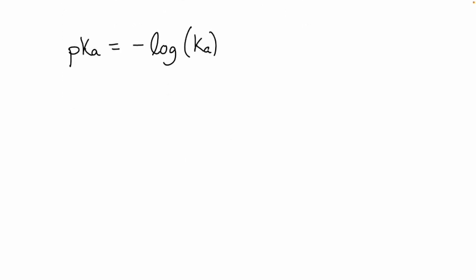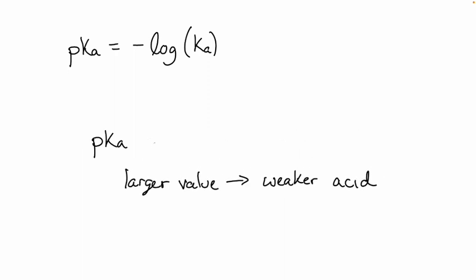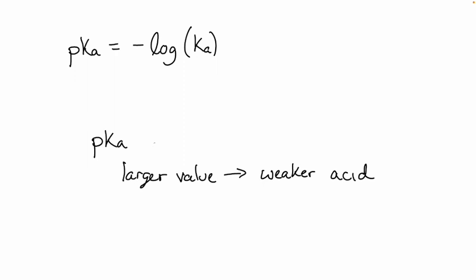For pKa, the larger the value, the weaker the acid. And likewise, a small value indicates a strong acid.